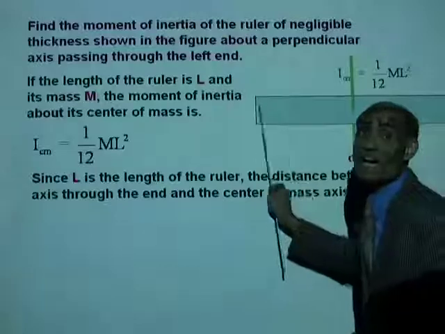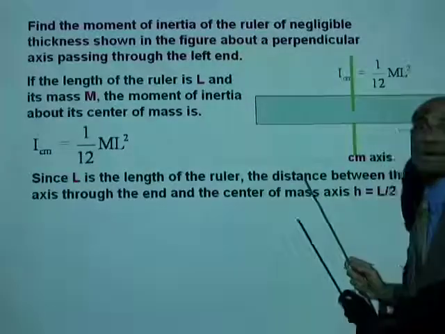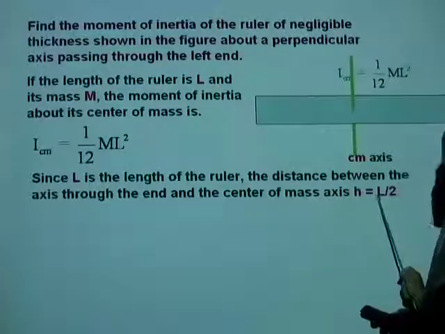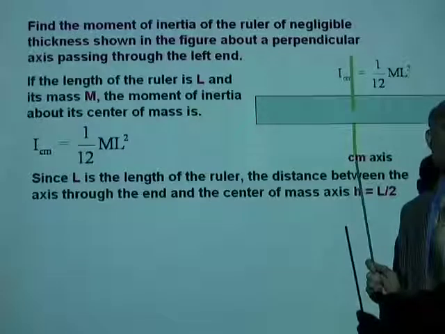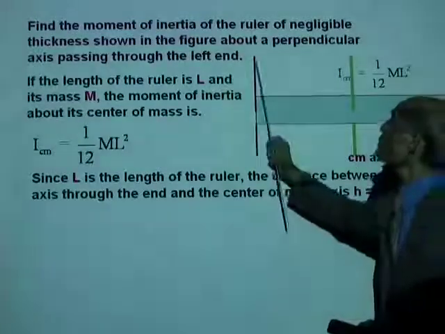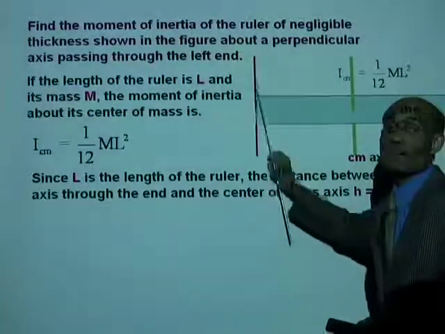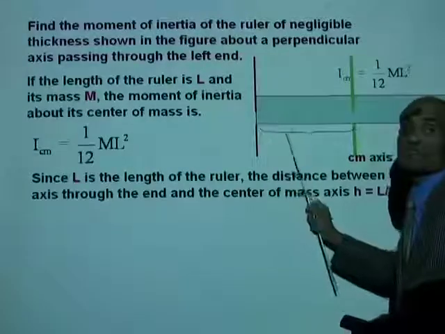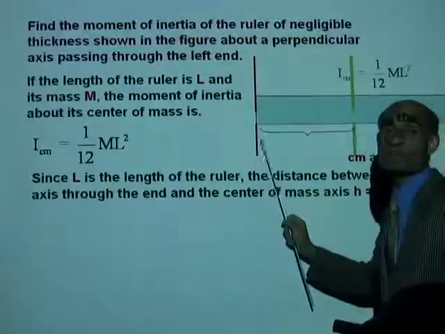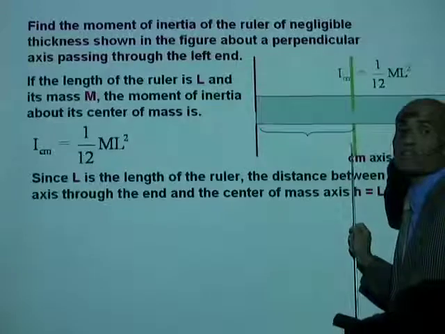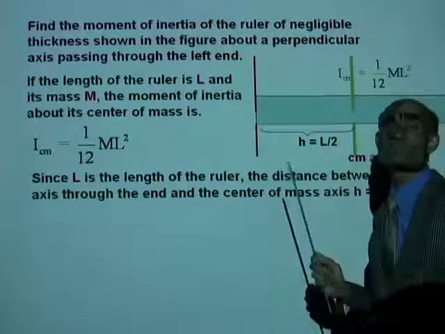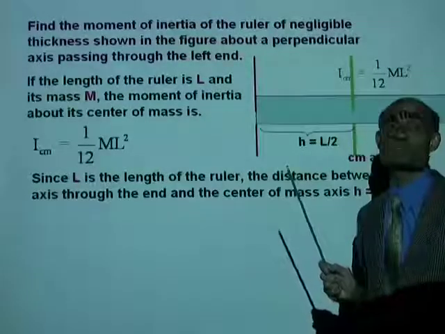It will be half of the whole length. So h equal to L over 2. So this is the new axis, and for that new axis, this is h, the perpendicular distance between the two axes. And that h equal to L over 2.